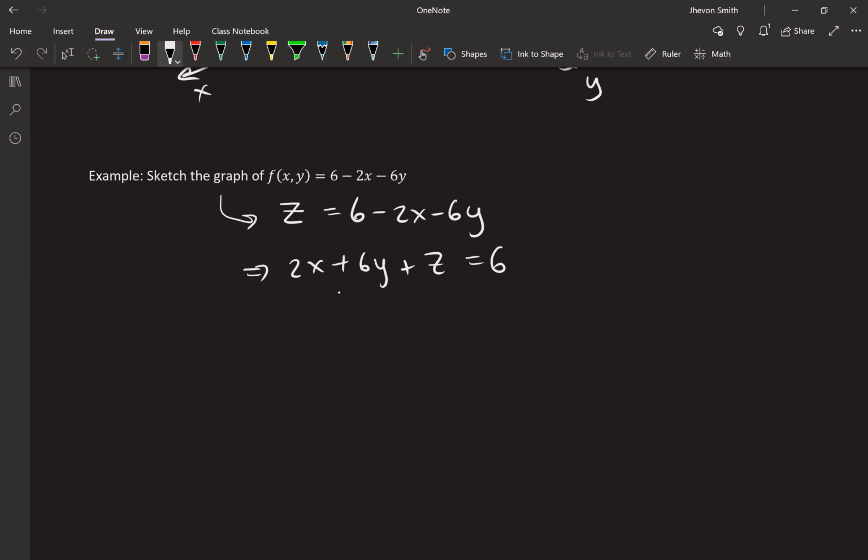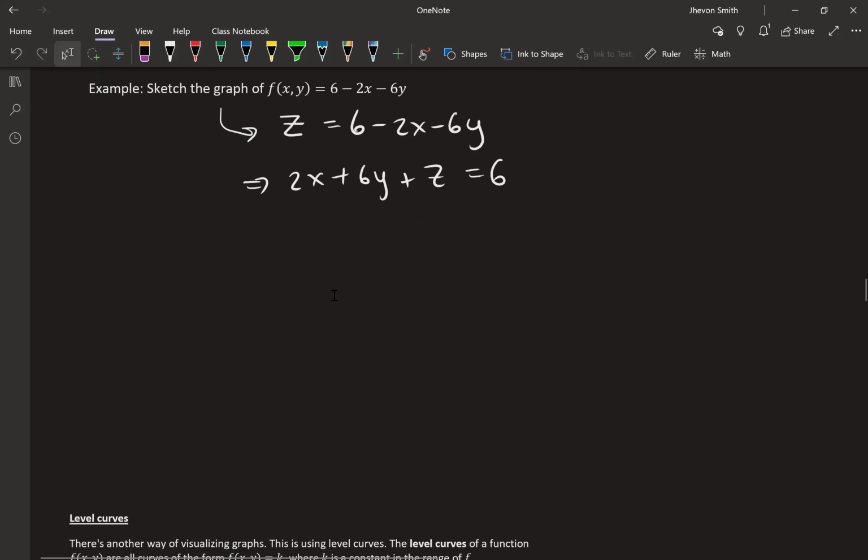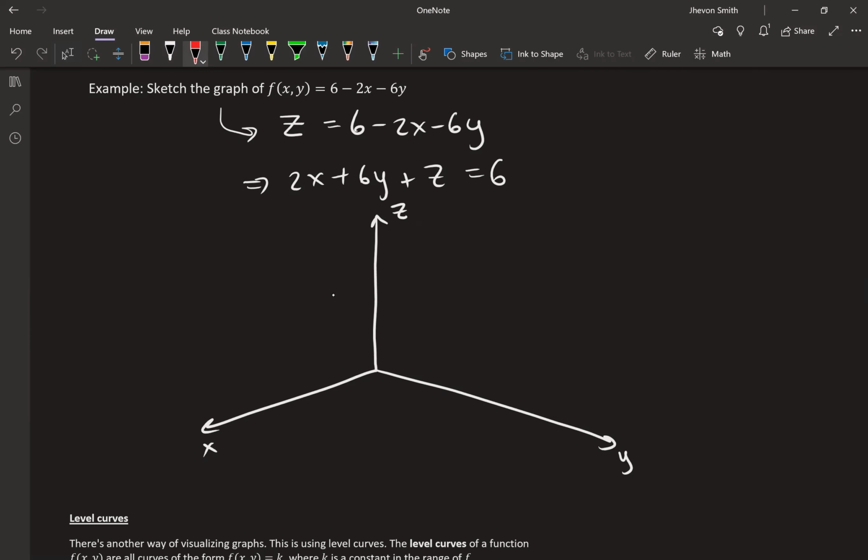That's something we would have learned from two sections ago. So that's actually a plane with normal vector 2, 6, 1. And it passes through all points where that relationship 2x plus 6y plus z equals 6. Now remember how to graph a plane. Just plug in two variables equal to 0 at a time.